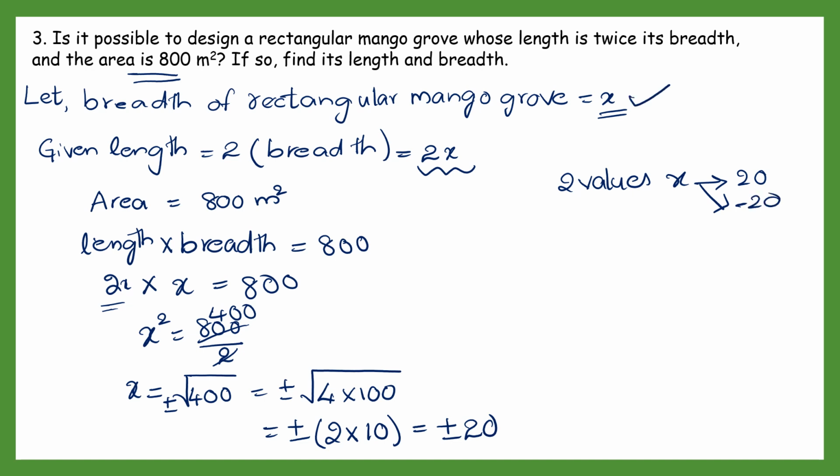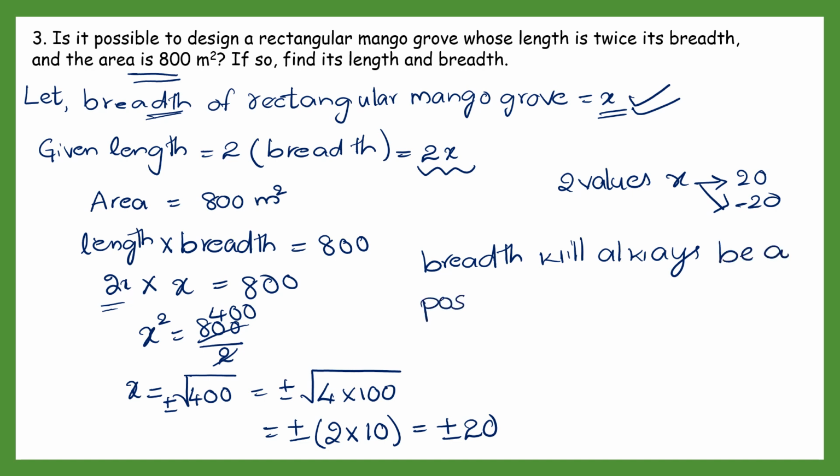What is x? X is breadth of the rectangular mango grove. Breadth will always be a positive number. So, we can only consider x is equal to 20.